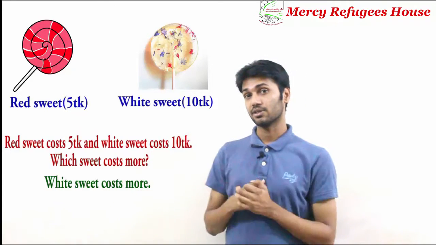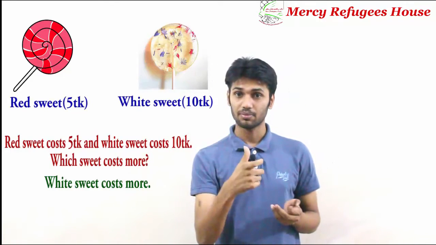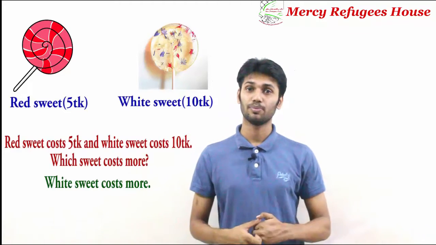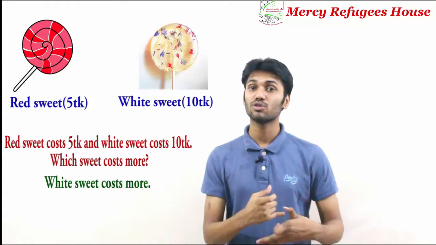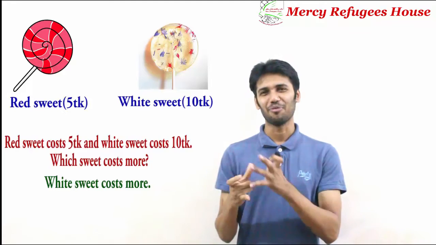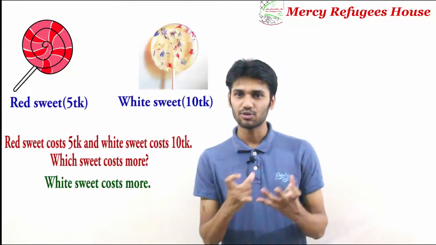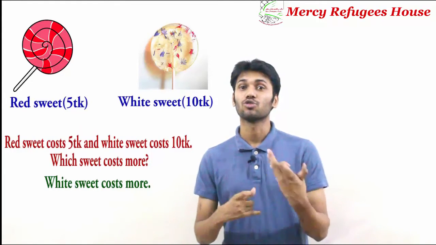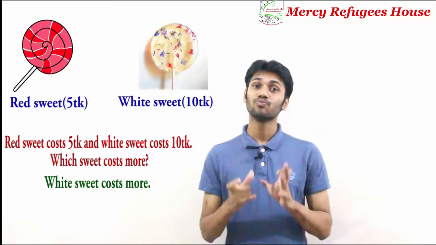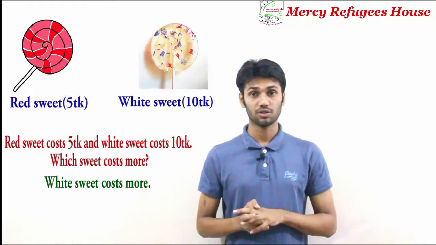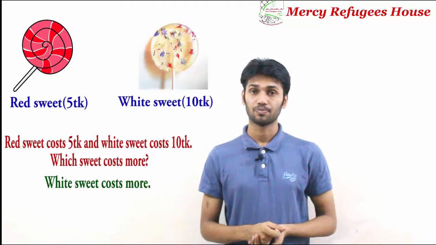To buy the red one you need to pay 5 taka, and to buy the white one you need to pay 10 taka. Which is going to cost you more? The white one. The white sweet is going to cost you more. So the answer should be white sweets cost more.